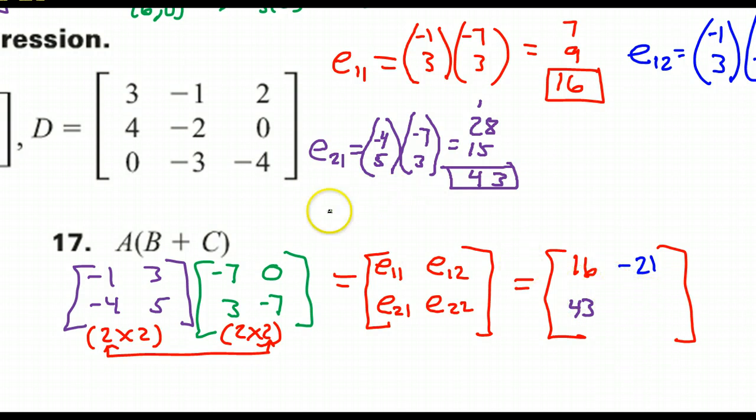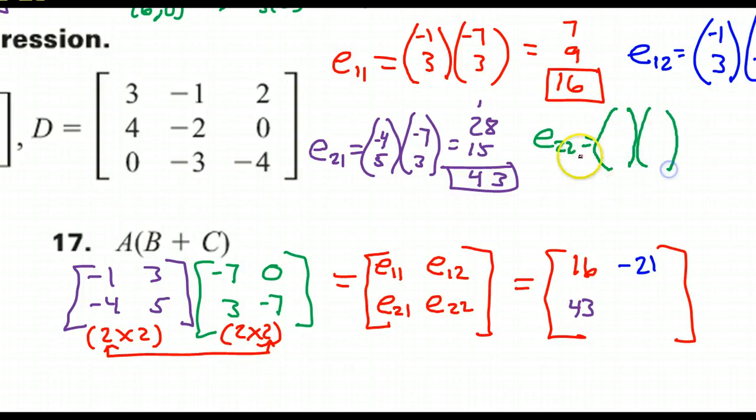And last but not least, we need element 2, 2. Element 2, 2 will be row 2 times column 2. So row 2, that's -4, 5 times column 2, that is 0, -7.